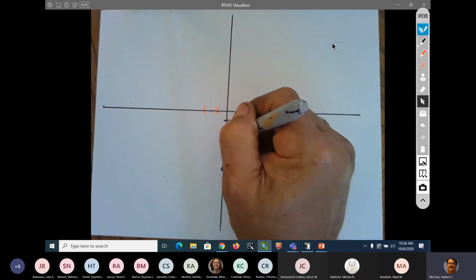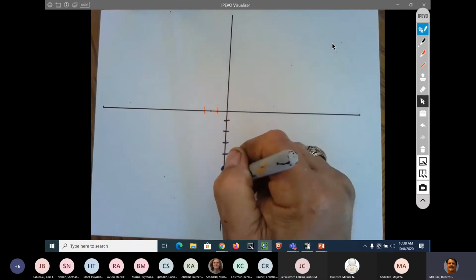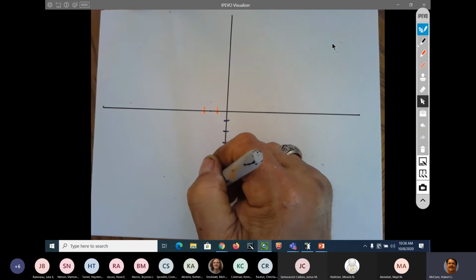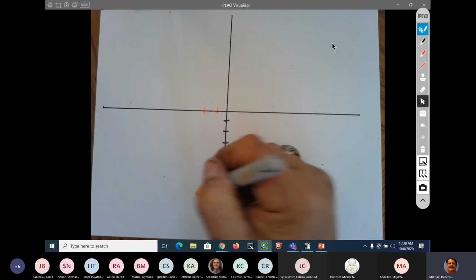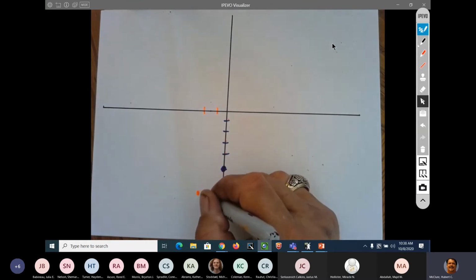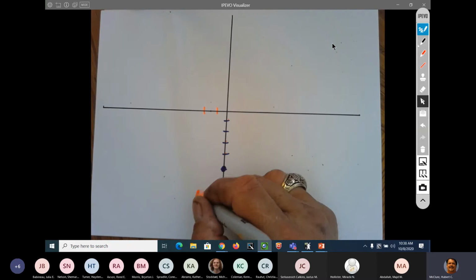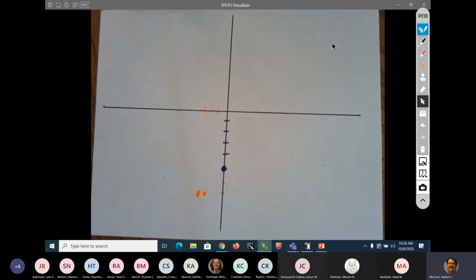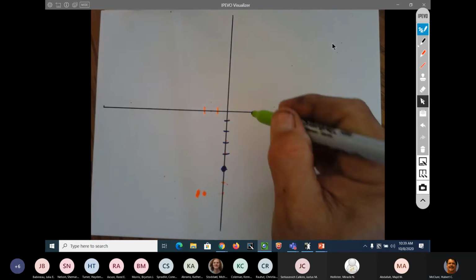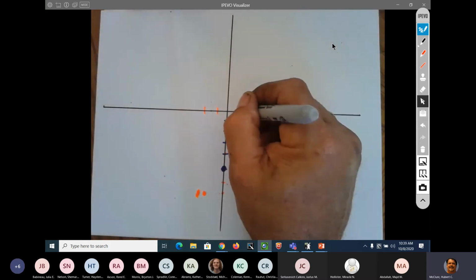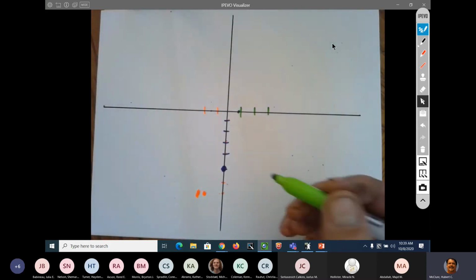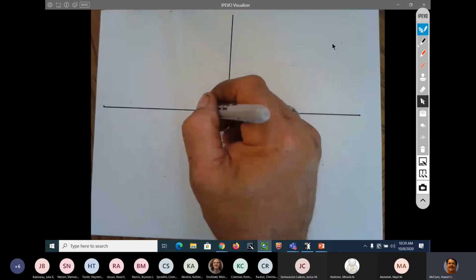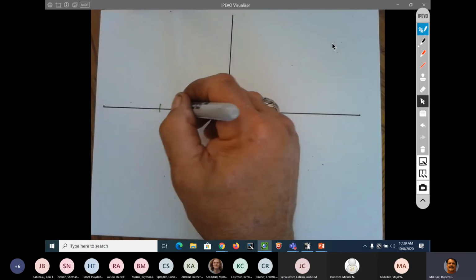Let's see, 1, 2, 3, 4, 5, 6, 7. So somewhere right in there. And my x-intercepts are, 1, 2, 3.7 is right in there, and 4, 5.